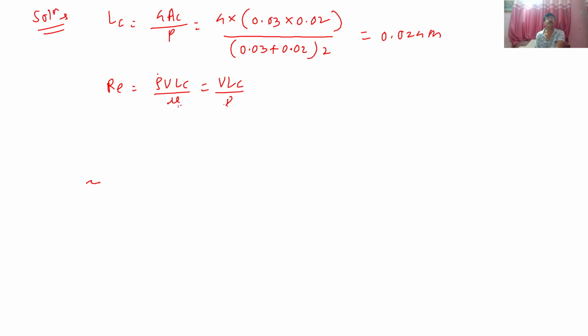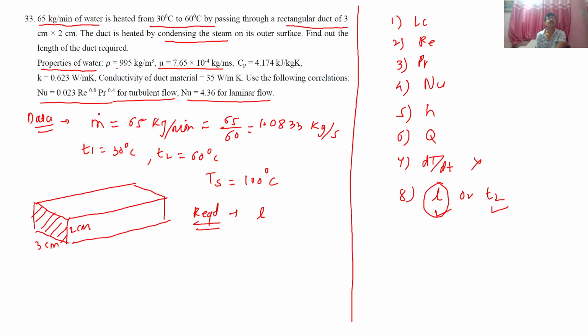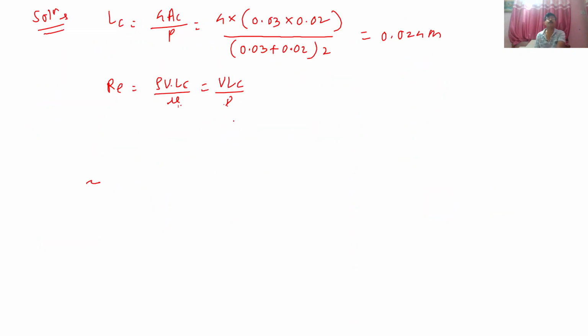But there is one problem: density, velocity and characteristic length. Density is given, but velocity is not there in the problem. Instead of velocity, they have given mass flow rate, m dot, 65 kg per minute, which you have converted to 1.0833 kg per second. So how to use the mass flow rate here, because velocity is unknown?